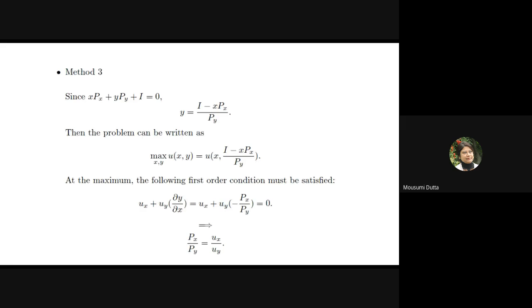Look, go back to the expression y is equal to I minus xpx by py. From this equation, we get dy by dx is equal to minus px by py.